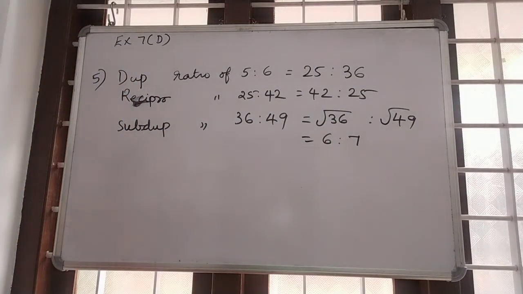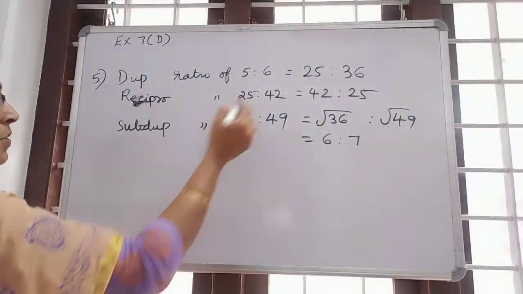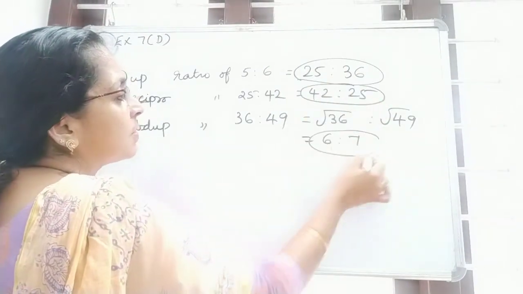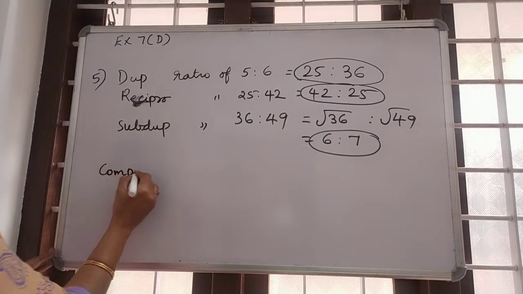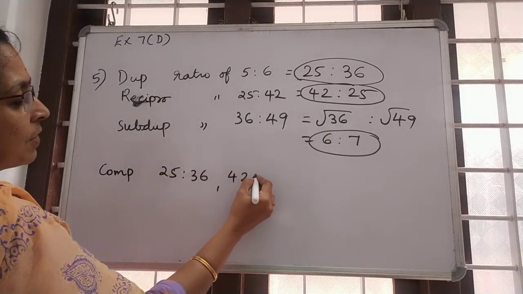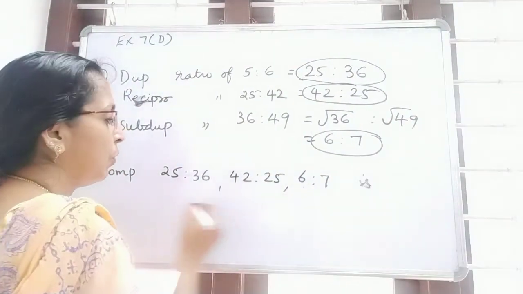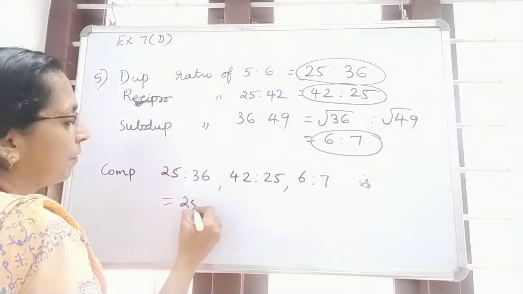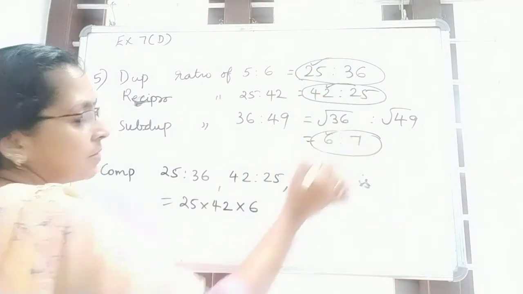We want to find the compounded ratio of these 3, that is 25 is to 36, 42 is to 25, and 6 is to 7. So compounded ratio of 25 is to 36, 42 is to 25, 6 is to 7 is equal to, first we multiply the antecedents, that is 25 into 42 into 6, divided by the consequents, 36 into 25 into 7.